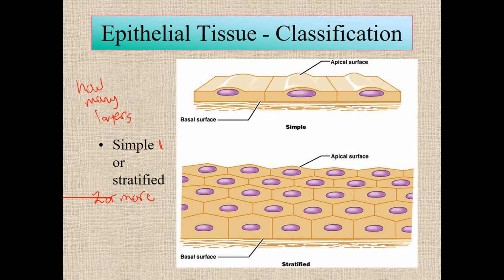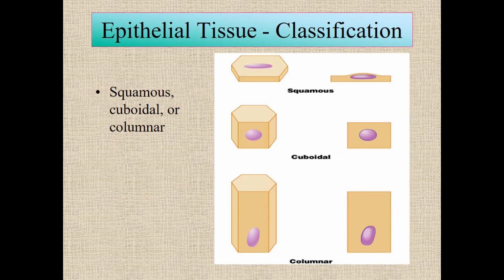The second part then is the shape of the cell. Squamous is going to be flattened, cuboidal is cube-shaped, and columnar is column-shaped. Another thing of note is that most of the time the nuclei will conform to the shape of the cell. So a squamous cell will have a flattened nucleus. Cuboidal, of course, is not going to have a cubed nucleus, but it'll be a perfect circle.